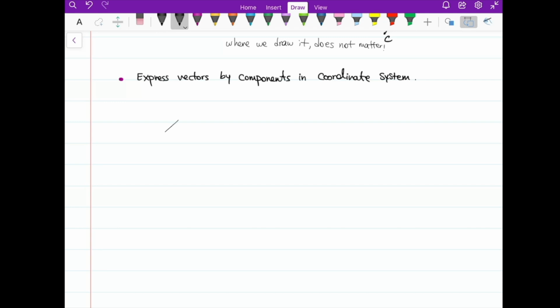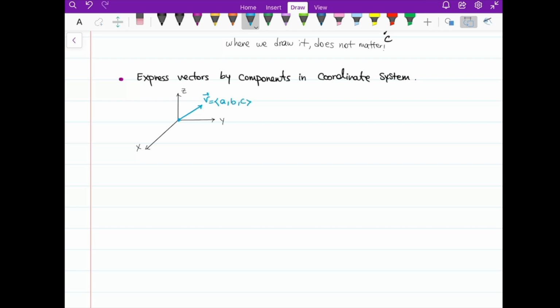So assume that this is x-axis, this is y-axis, and this is z-axis. And I'm gonna have a vector v starting at the origin, and I'm gonna show by its component a, b, c.